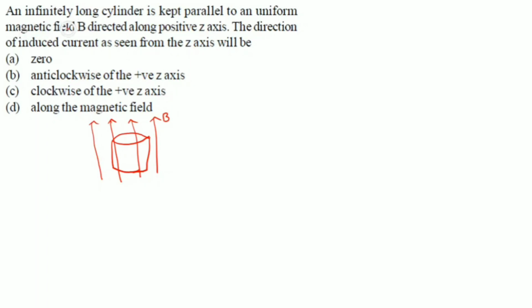The magnetic field is not changing, and the infinitely long cylinder is also not moving, so there is no induced EMF in this cylinder. So the answer is A, that is 0, because there is no induced current. Why is there no induced current here? Because magnetic flux is not changing.